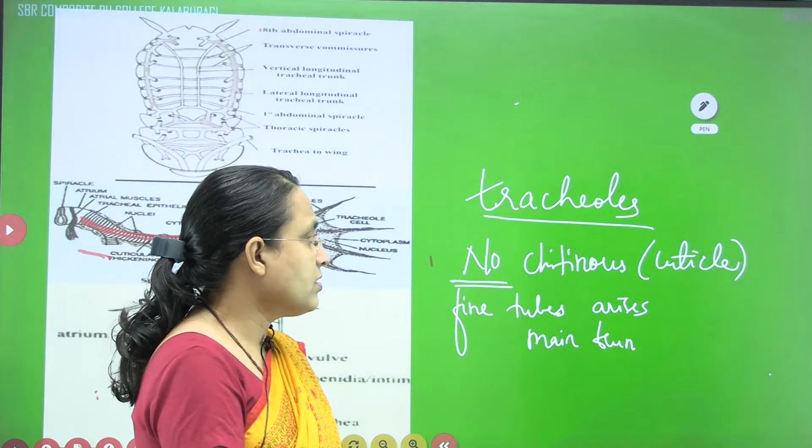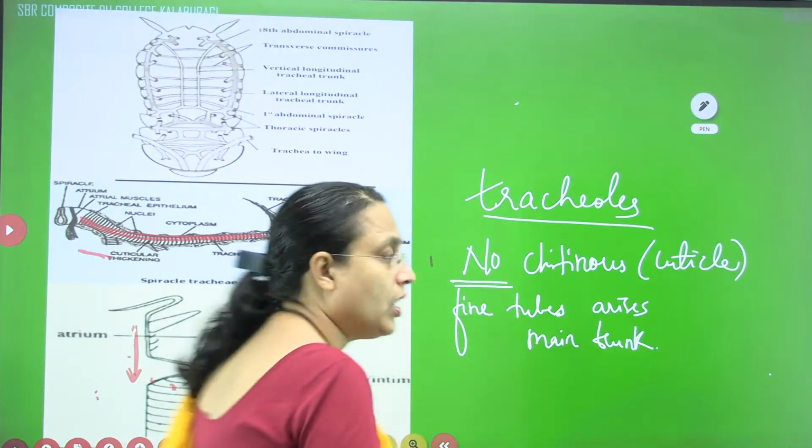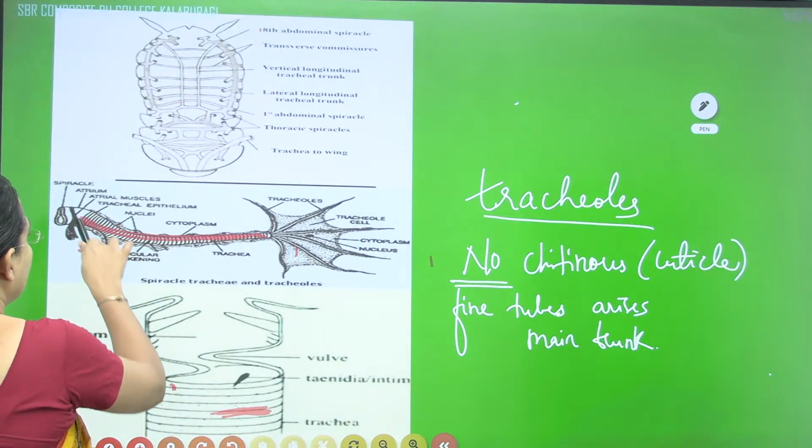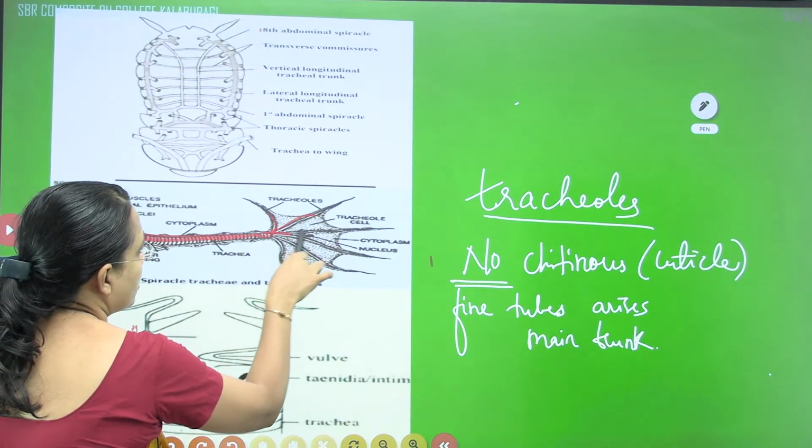They are fine tubules that arise from the main trunk of the trachea. So this is the spiracle, the main trunk of the trachea, further dividing finely into tracheoles.